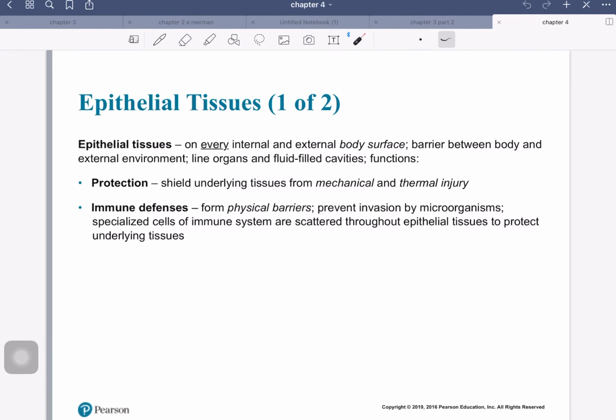It's a physical barrier that's part of the immune defenses, and it prevents the invasion of microorganisms. Now, the other interesting thing is often when we see epithelial tissue, below it will be tissue which will have cells that are part of the immune system.